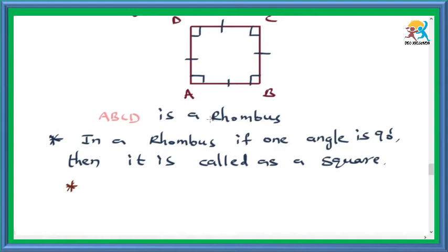So, a square is formed with the rectangle as well as the rhombus. So, both the properties will be included in the square, and in the square if two diagonals are intersecting, then what will happen?